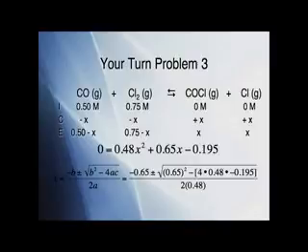I can then use the quadratic formula to solve: negative b plus or minus the square root of the quantity of b squared minus 4ac, divided by 2a. And you can see I've plugged the numbers in so that you can see the final outworking of that quadratic form.